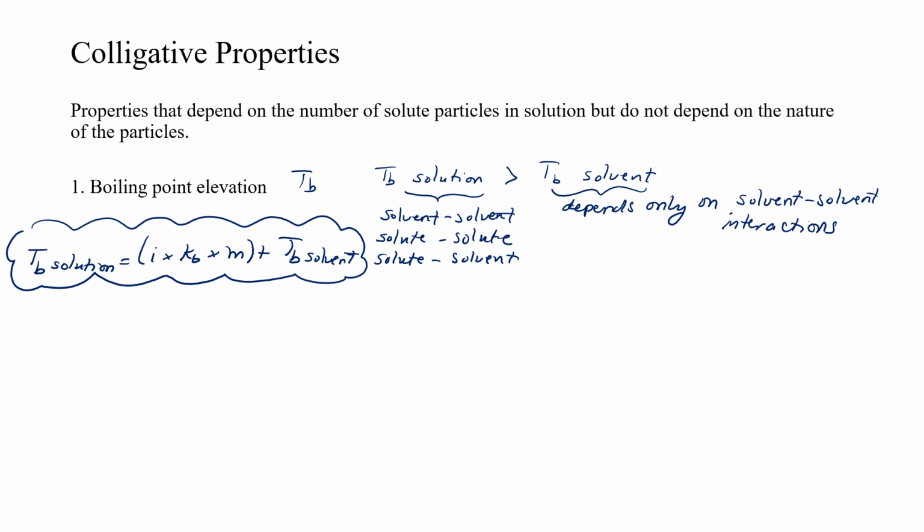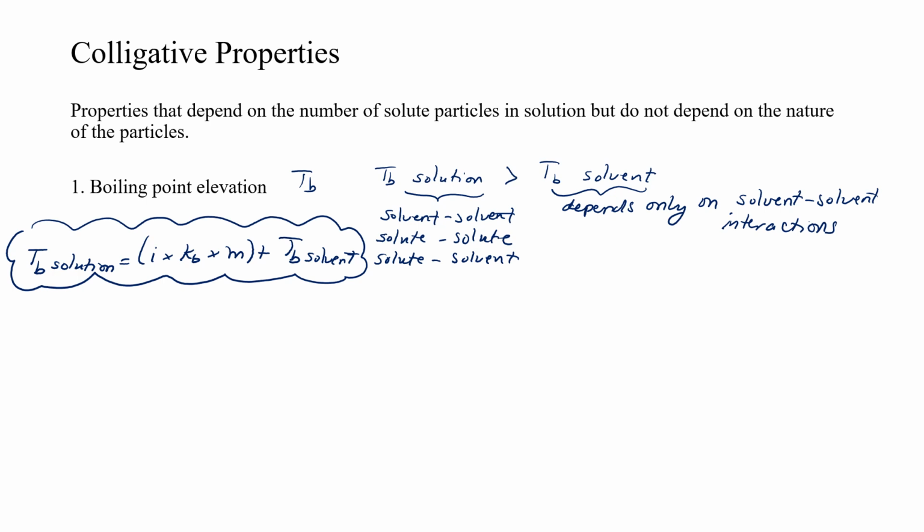We have the lowercase m, which we already know; its unit for concentration is the molality of the solution. Kb is the boiling point elevation constant, and that's also a numerical value we can find on a table. It depends on the solvent that you have.